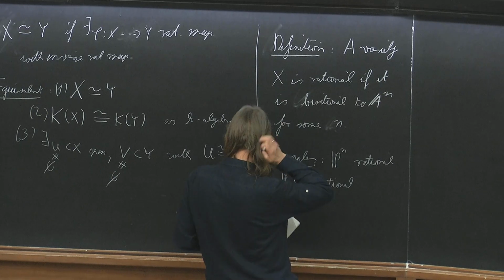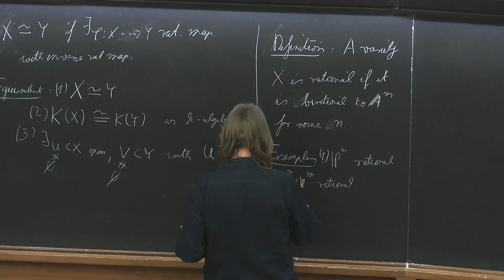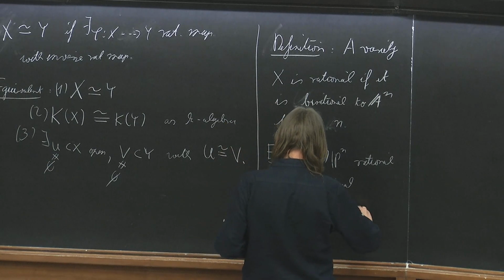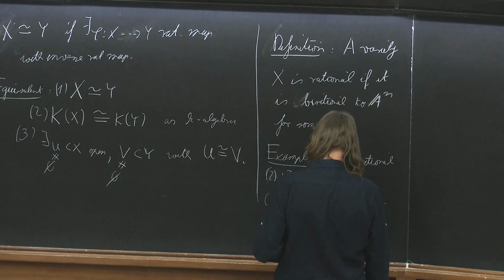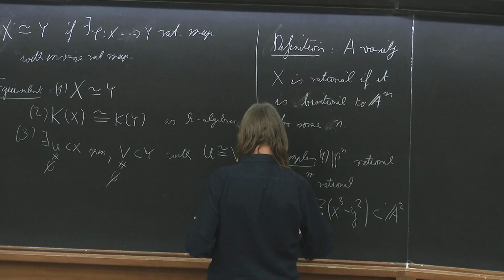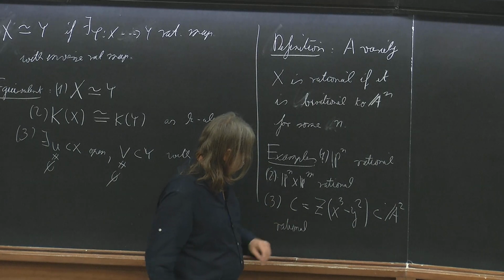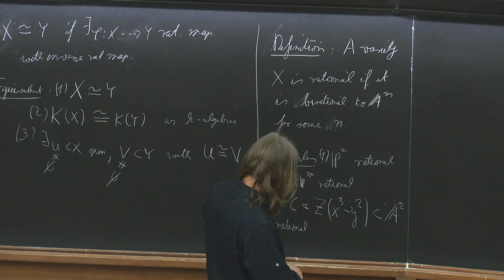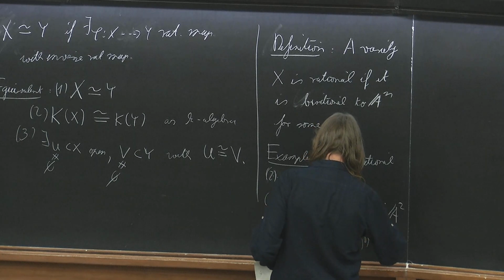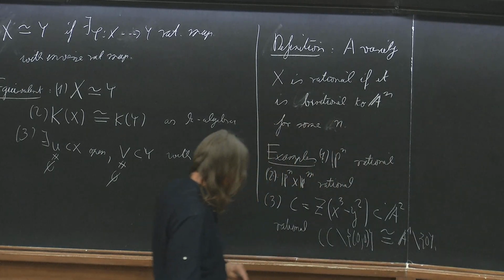We also, if we take the cuspidal cubic C, equal to the zero set of x^3 minus y^2 in A^2, this is also rational, because we had seen that C without the point (0,0) is isomorphic to A1 without 0 by the obvious map.